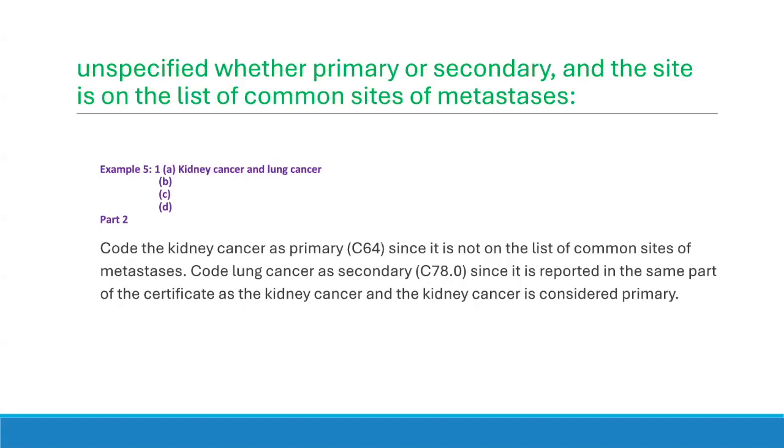In the given example, kidney cancer is coded as the primary tumor, C64, because it is not typically a site of metastasis, while lung cancer is coded as secondary, C78.0. This coding decision is because lung is a common site of metastasis, and both cancers are reported together in the same section of the medical certificate, with kidney cancer being considered the primary source.